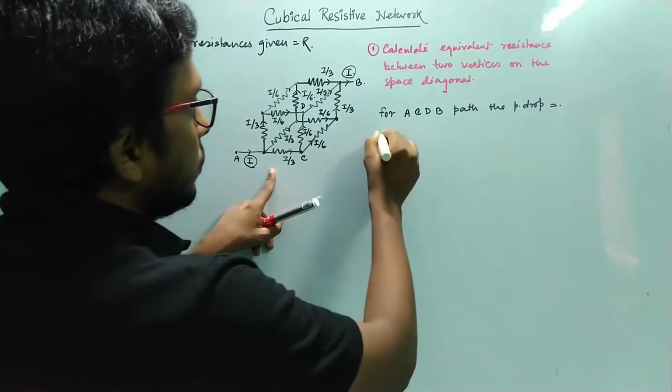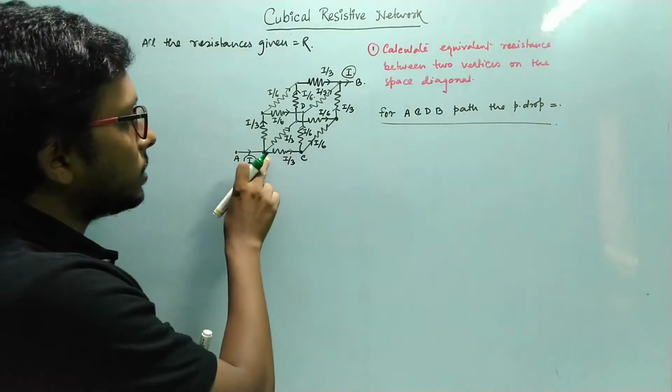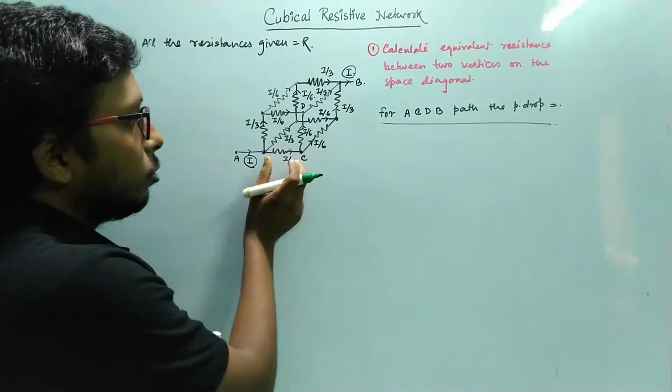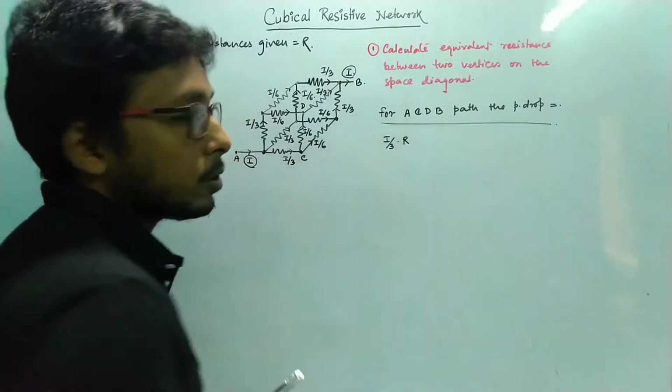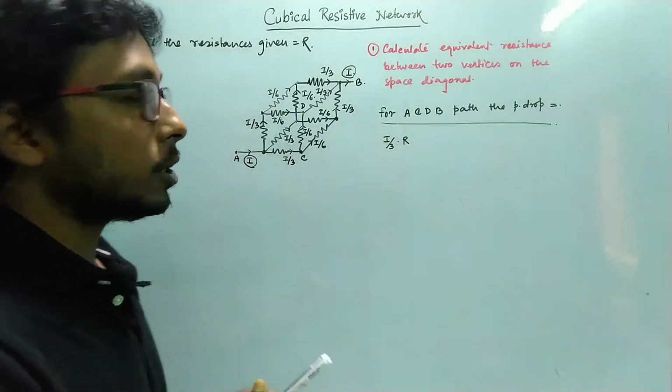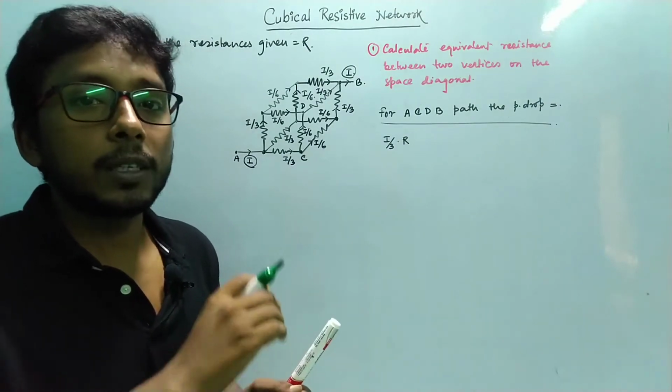Now you see the first voltage will drop against this segment, and that will be equal to I by 3 multiplied by R, because we all know that voltage drop is equal to resistance multiplied by the current passing through it.